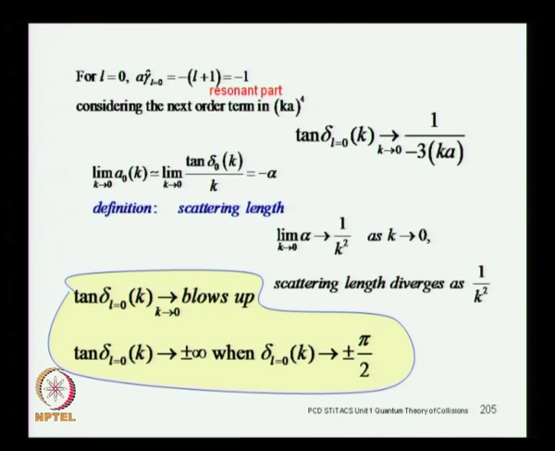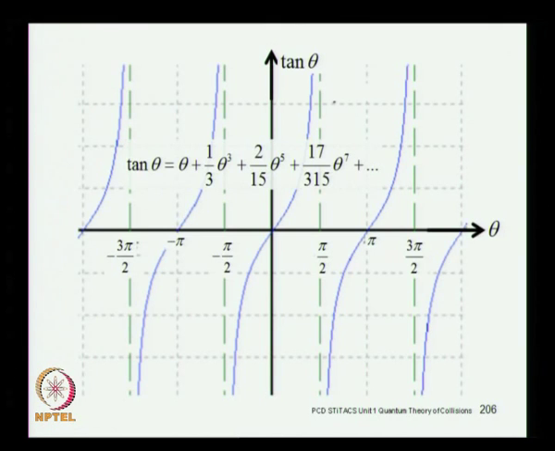This is the typical tangent curve, and you notice that the tangent of an angle blows up at pi by 2, 3 pi by 2 and so on, at half integer multiples of pi.